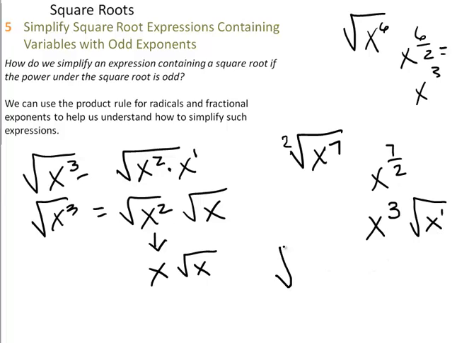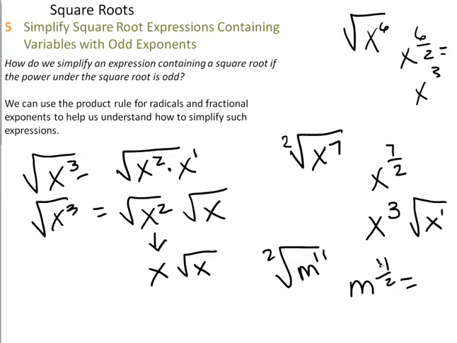If I have the square root of, and I'm writing the index here just to make a point, the square root of m to the 11th, that's the same as m to the 11th over 2.